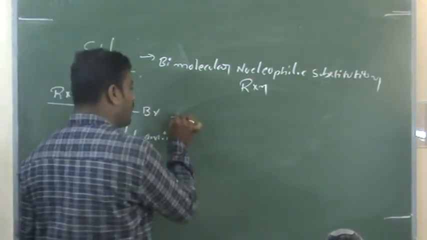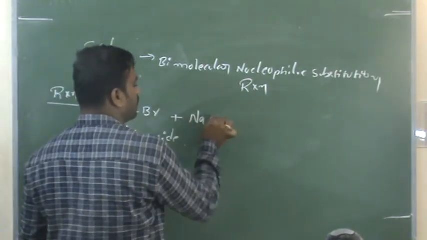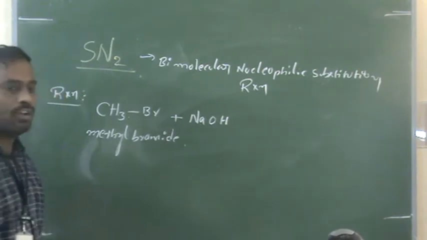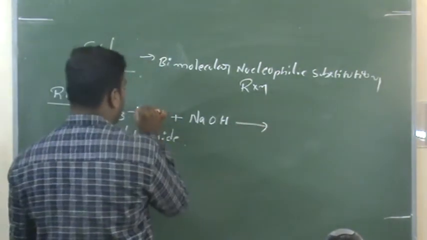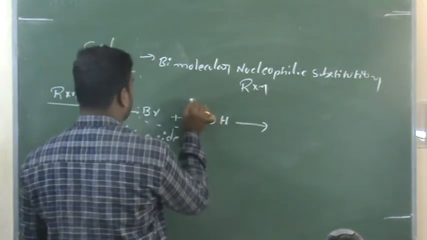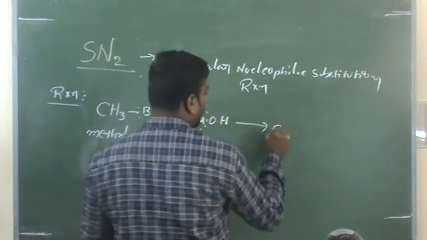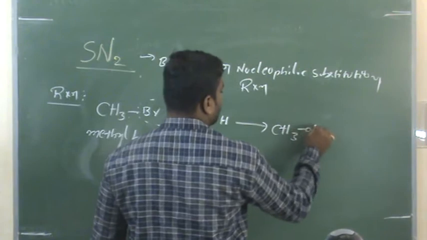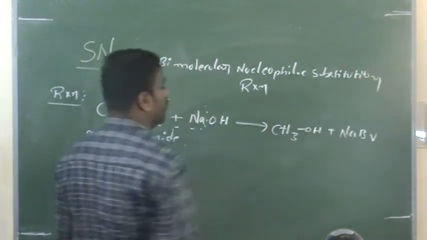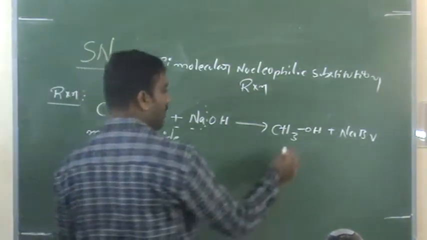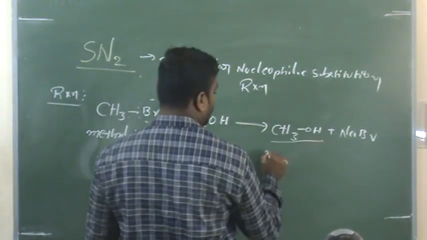It reacts with sodium hydroxide, NaOH, and Na and Br are removed like this. Then there is the formation of CH3OH plus NaBr. CH3OH is called methyl alcohol.